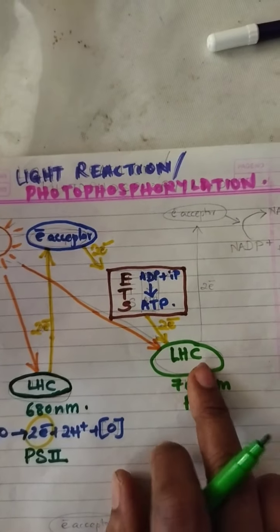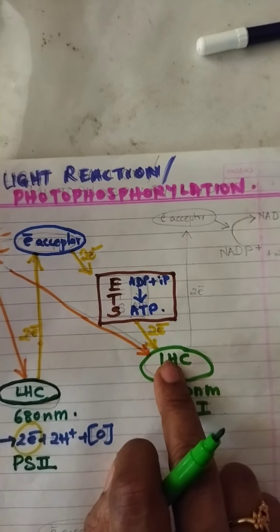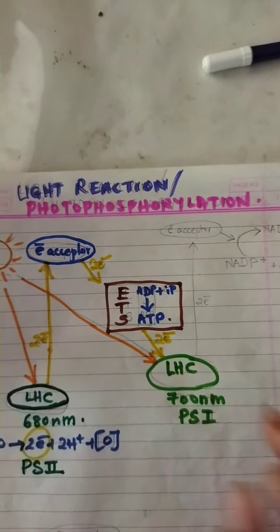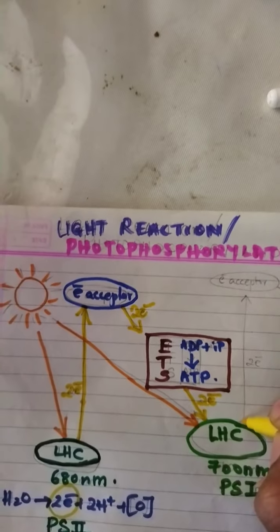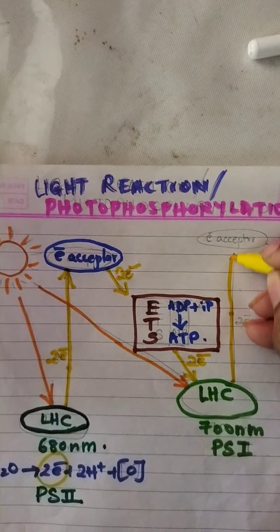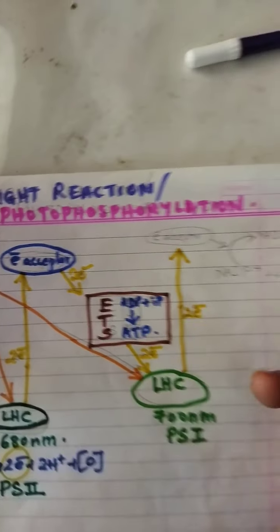As a result of this, these two electrons which had reached here at the ground state without any energy, now again get excited. So we'll show the excited electrons by showing an arrow upwards and go to a higher energy state.